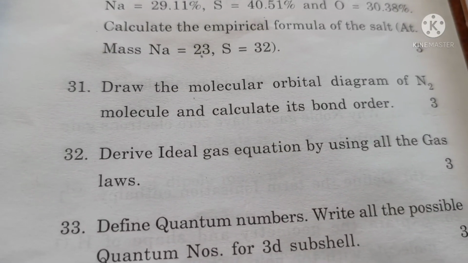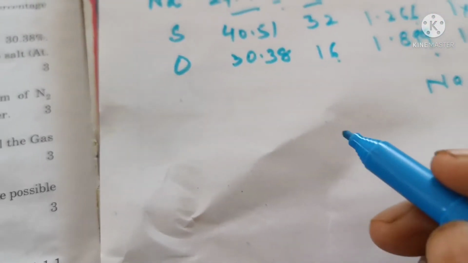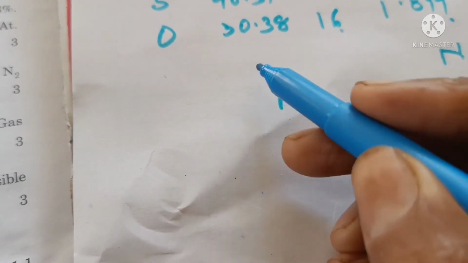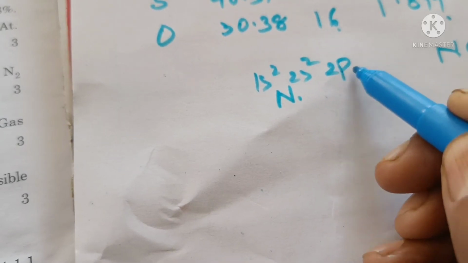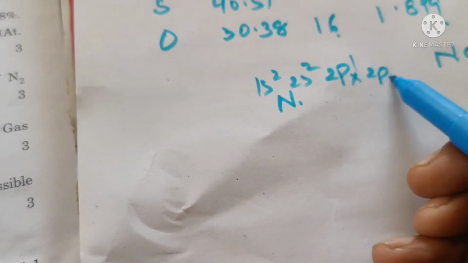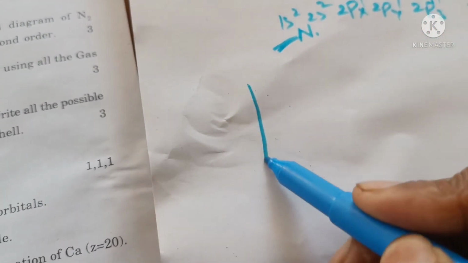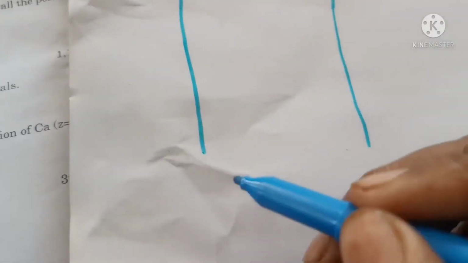Draw the molecular orbital diagram of N2 molecule and calculate its bond order. For each nitrogen atom, the configuration is 1s2, 2s2 and 2p3: 2px1, 2py1 and 2pz1. Ignoring the first shell, let's draw the molecular orbital diagram for the nitrogen molecule. These are the two axes for the atoms.